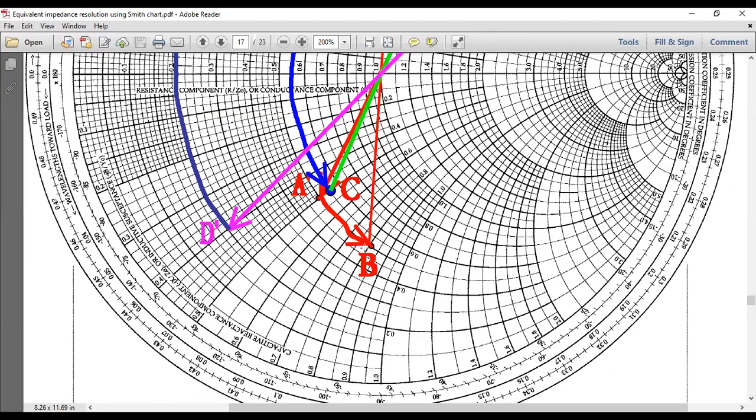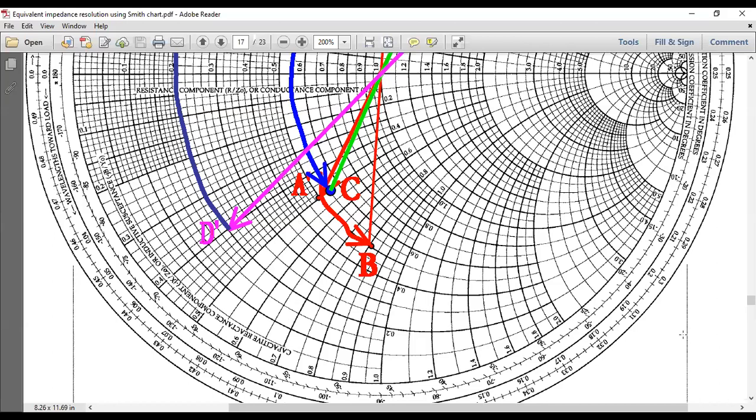Now, if you are in admittance and you want to add or subtract: if you want to add admittance, then you go clockwise. If you want to subtract the admittance, then you go anti-clockwise. So this is minus 0.3, so subtraction means anti-clockwise from this point to this point. Addition means clockwise. This is the one rule.